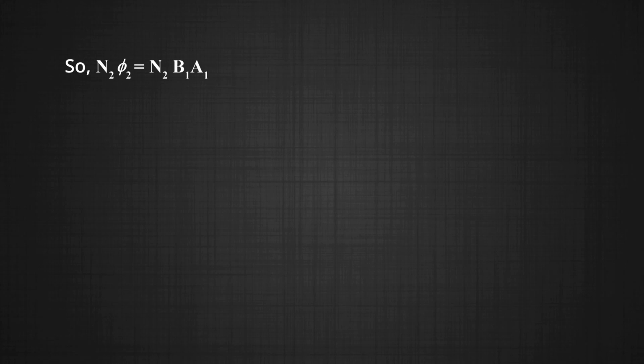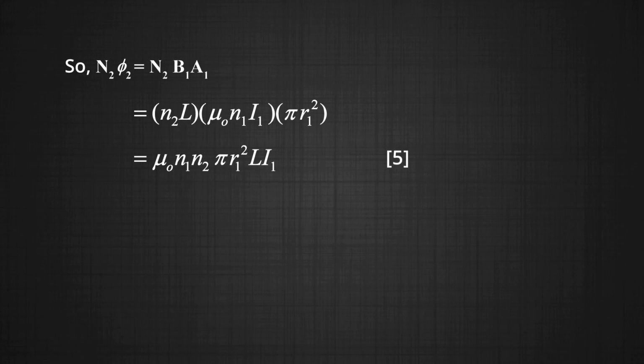So, N2 phi2 is equal to N2 B1 A1, which will be equal to N2 L into mu naught n1 I1 into pi R1 square, equal to mu naught n1 n2 pi R1 square L I1.